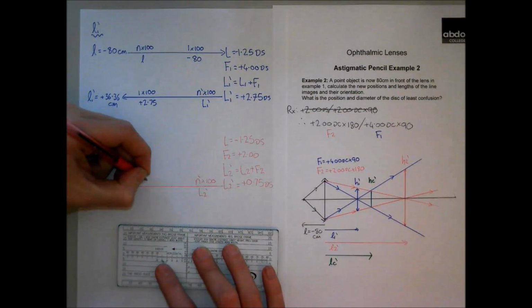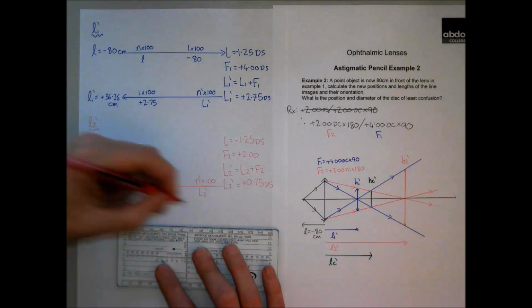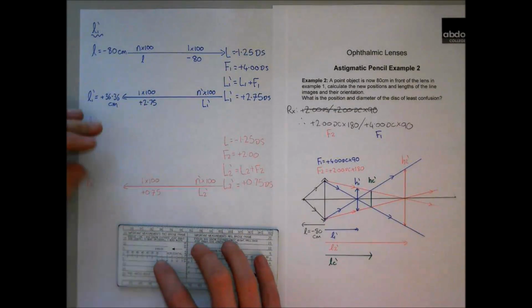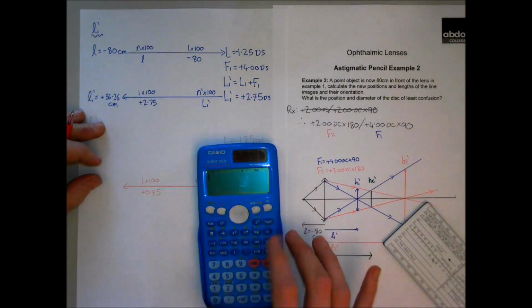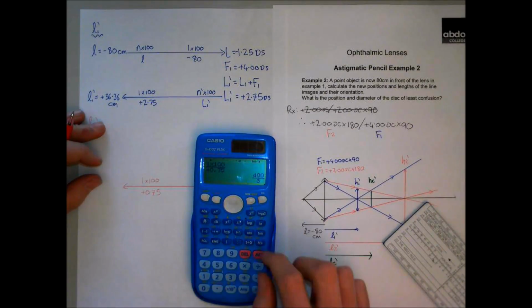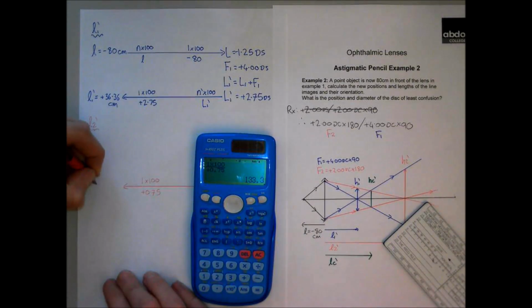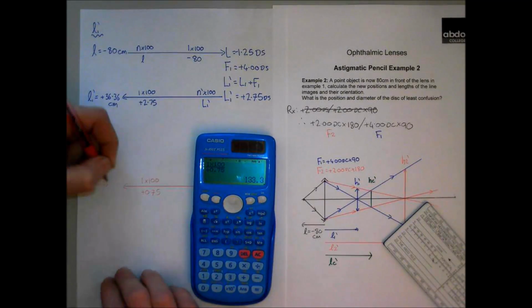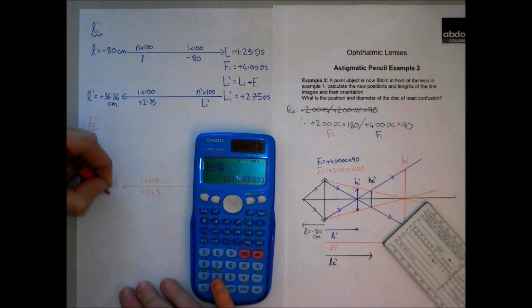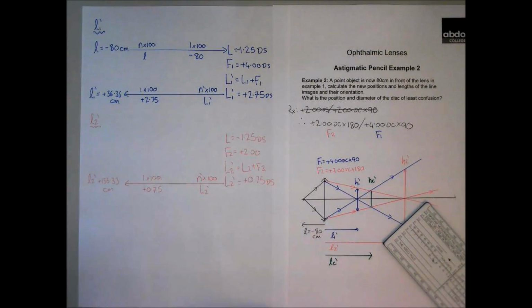N dashed is still 1, times that by 100 over my plus 0.75. 1 times 100 over my plus 0.75 is 133 point lots of recurring 3s. So what I have found so far are the positions of my line images.